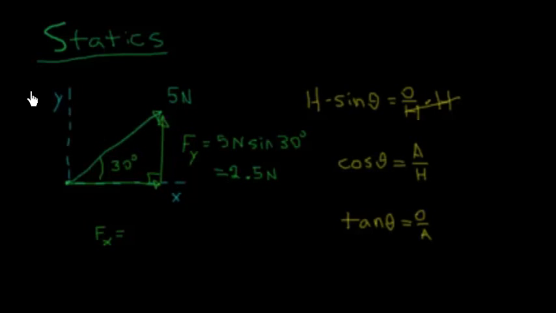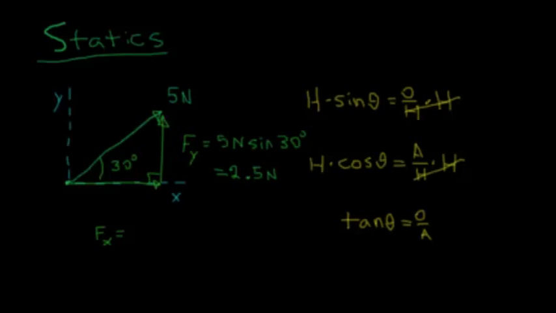Now we want to do the same thing with this x component. So again, we look over here and we see we have an adjacent leg that we're looking for, and we know what our theta is and our hypotenuse is. There's our theta, there's hypotenuse. We want adjacent, so we multiply both sides by the hypotenuse again. And that cancels it off on the adjacent side and brings it over right next to cosine.